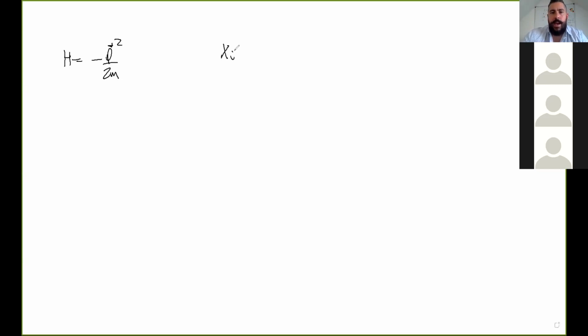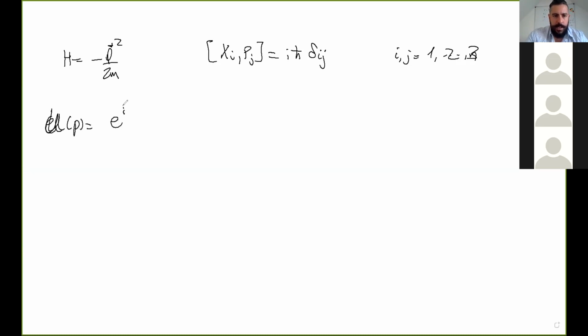what I have given is the canonical commutation relations, which are i h bar delta_ij, for i and j being equal to 1 to n. Well, here actually I'm going just from 1 to 3. So I define a unitary operator, u of p, let's call it, as e to the ipx, where x is this coordinate operator.